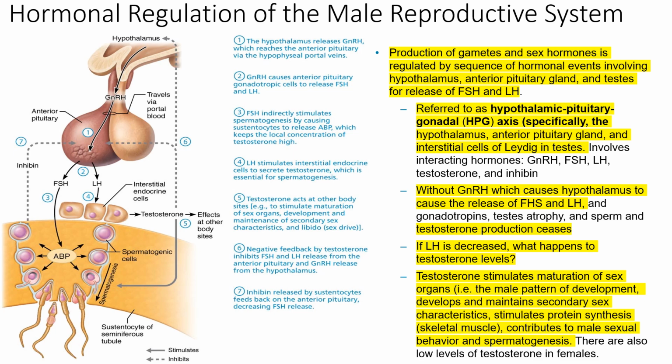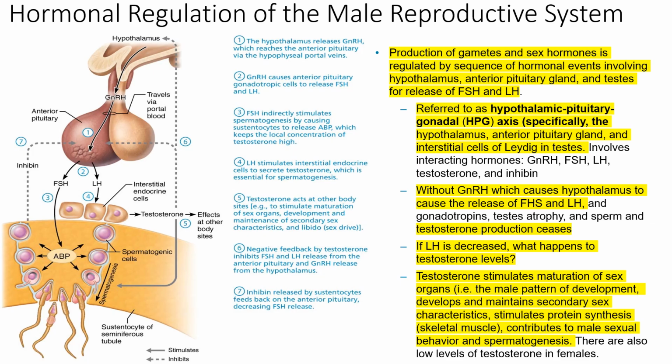An androgen-binding protein keeps the concentration of testosterone in that area of the spermatogenic cells high, which will stimulate spermatogenesis. So follicle-stimulating hormone actually enhances the stimulatory effects of testosterone when it comes to producing sperm.